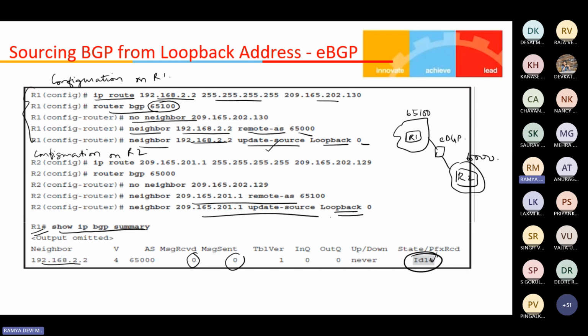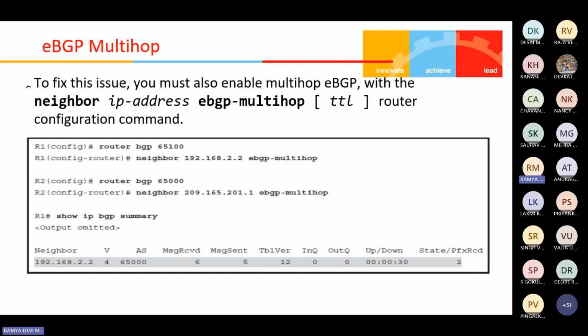But with different autonomous systems, the TTL value cannot be one, right? By default, eBGP sessions are direct connections, and usually the TTL value will be equal to 1. So when sourcing from loopback addresses, the packet has to travel multiple hops. So the default TTL will be insufficient, right? For that, we have to enable multihop.